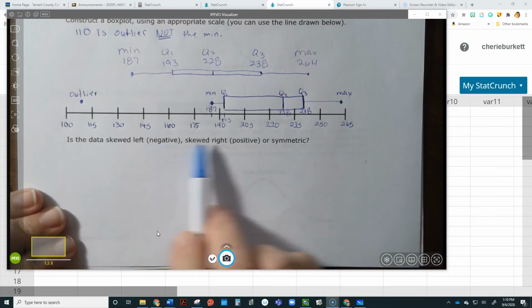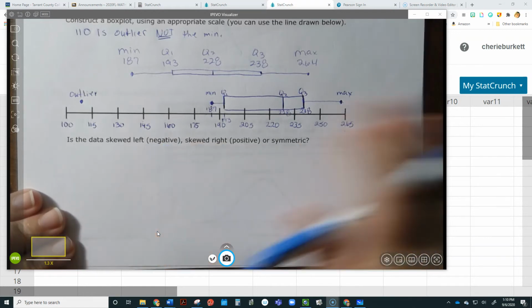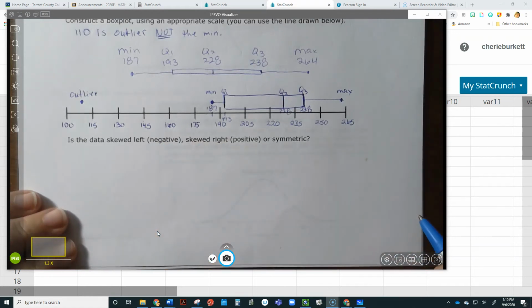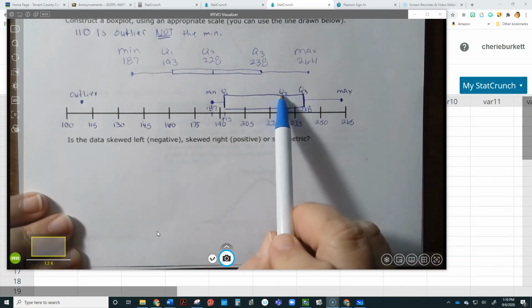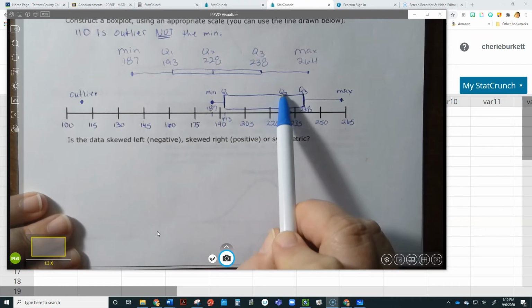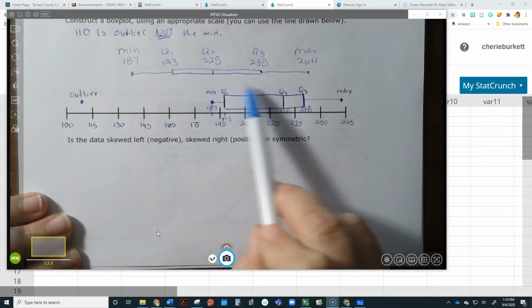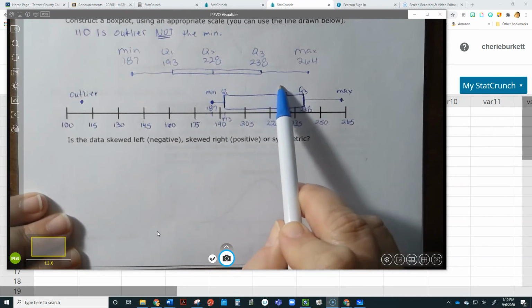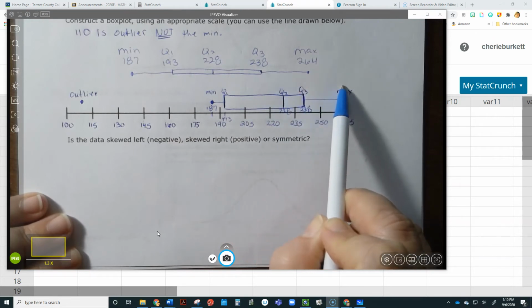Is the data skewed left or is it skewed right? The easiest way to figure out which direction it is skewed is to find which is bigger, the distance from Q2 to the minimum or the distance from Q2 to the maximum.